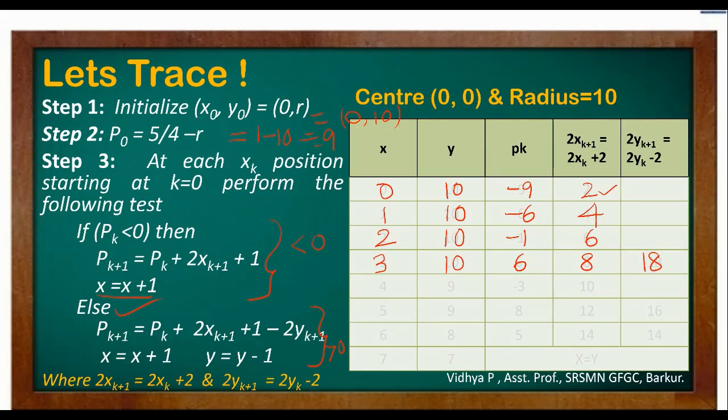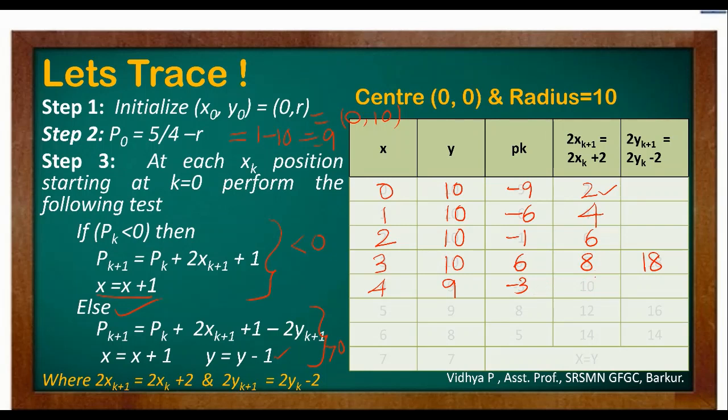So pk plus 1 is equal to 6 plus 8 minus 1 minus 18, that will become minus 3, and we increment x by 1 and also decrement y by 1. Here once again pk is negative.